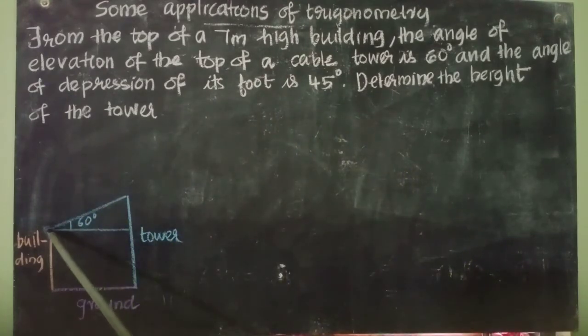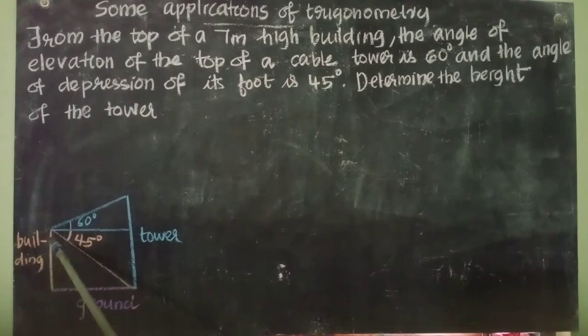Let us draw it. This is the line of sight and this one is the horizontal line. And here is the angle of depression.